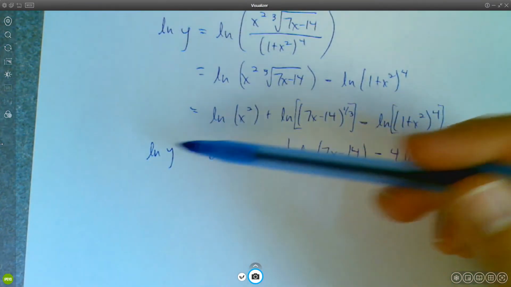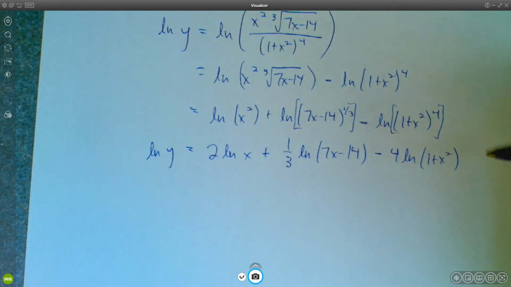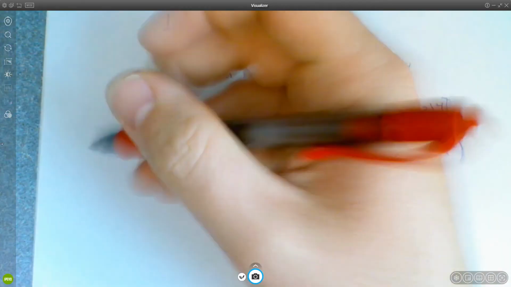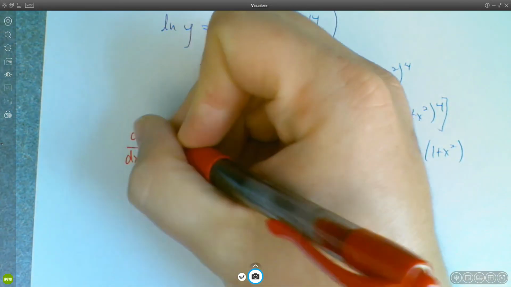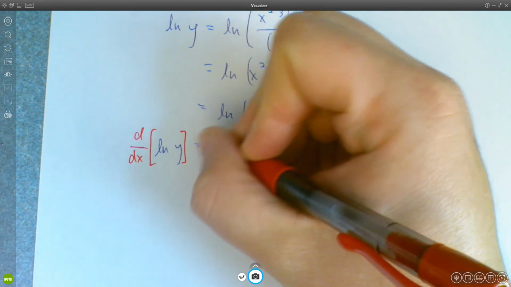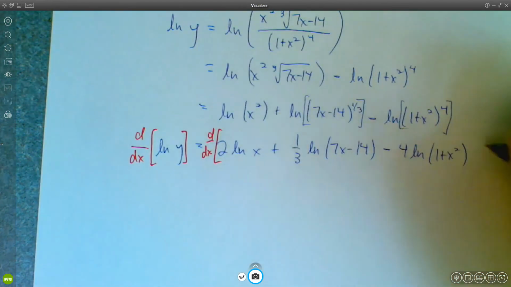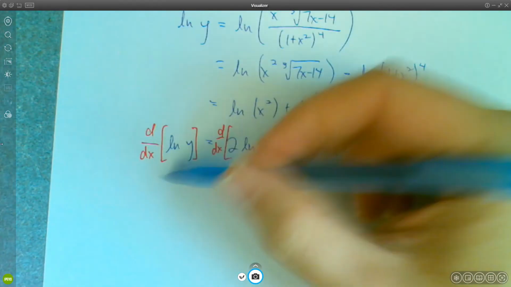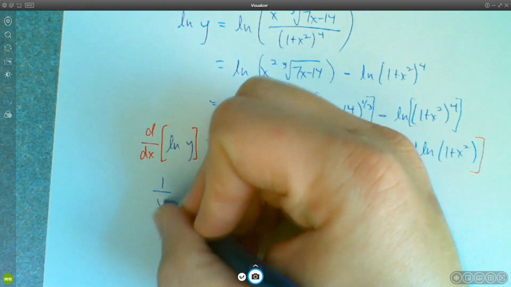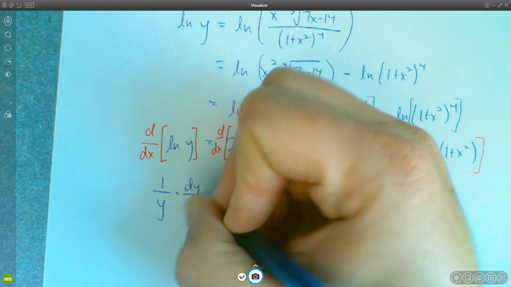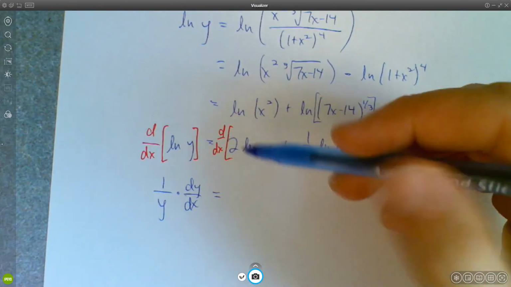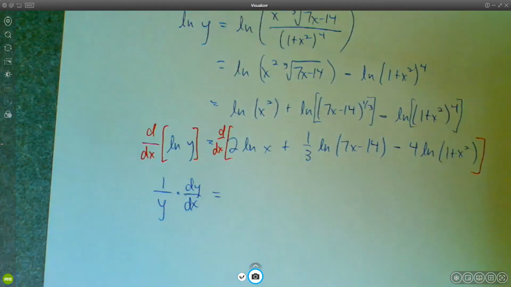So we're going to use implicit differentiation now. I'm going to take the derivative with respect to x of both sides of this equation. The derivative of natural log of y is going to be 1 over y, chain rule, times dy/dx. And on the right hand side, we can take the derivative of all this stuff.